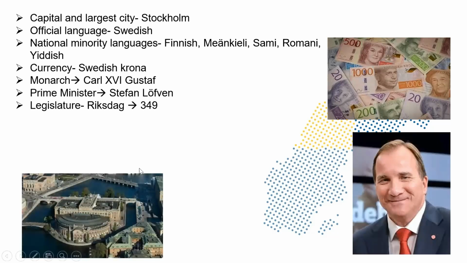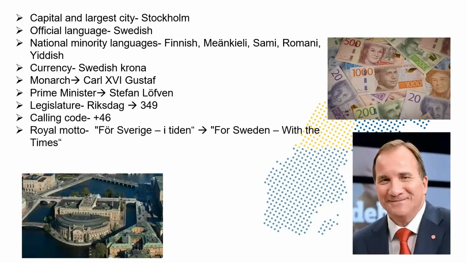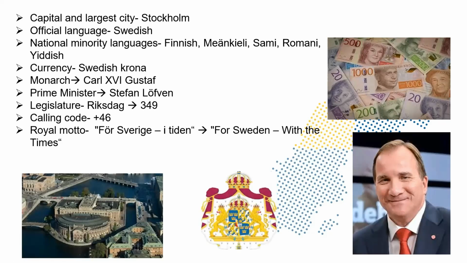This is the parliament, as you can see. The calling code, like we have +91 in India, is +46. The royal motto, which I cannot pronounce, means For Sweden, with the times. This is the royal emblem of Sweden.